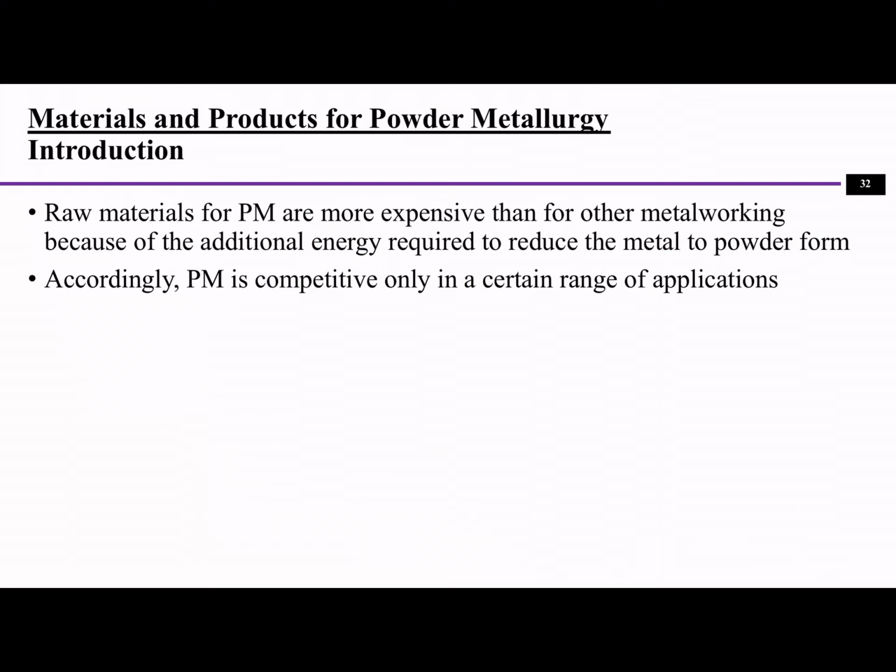So for the raw materials and some of the products we make from powder metallurgy, the raw materials are more expensive than for other metalworking because of the additional processing and the additional energy required to reduce the metal to a powder form, right?